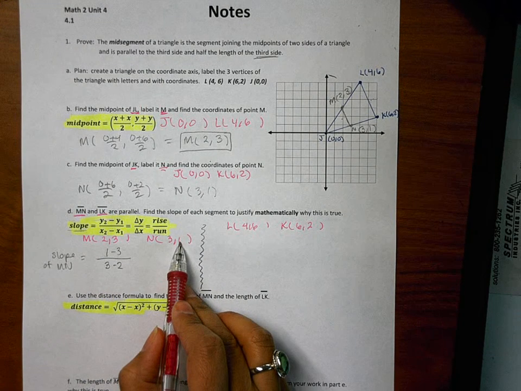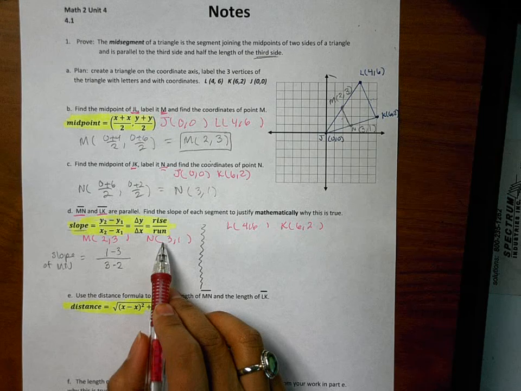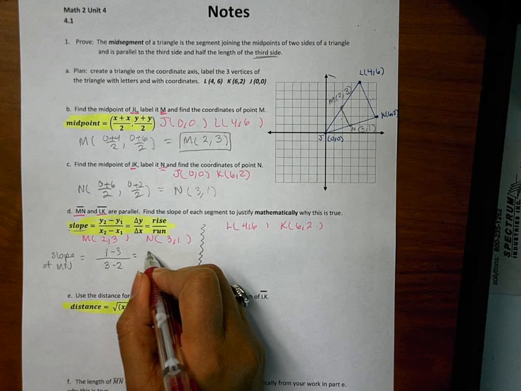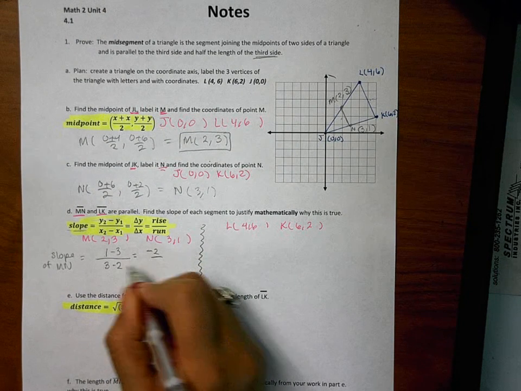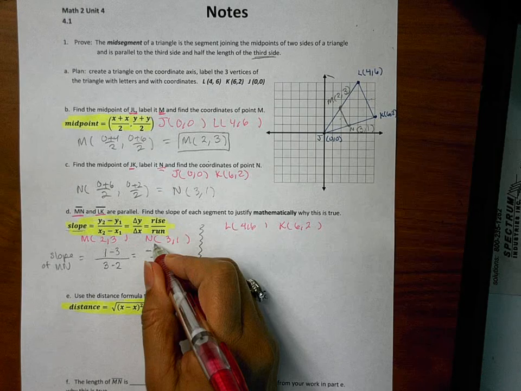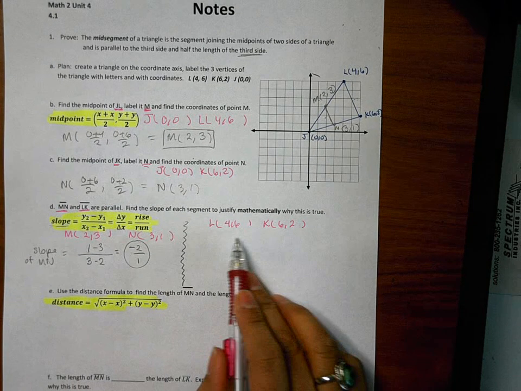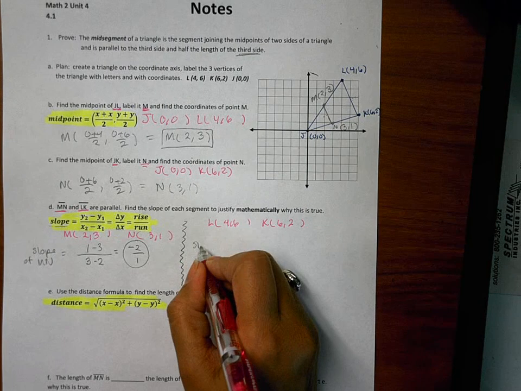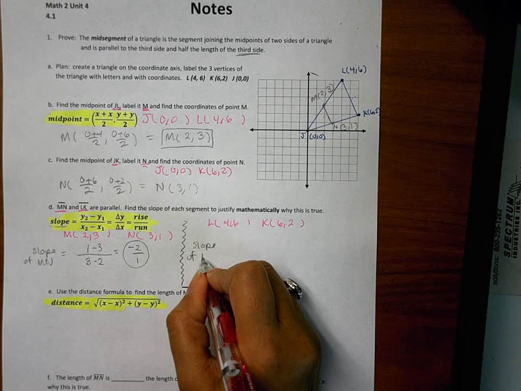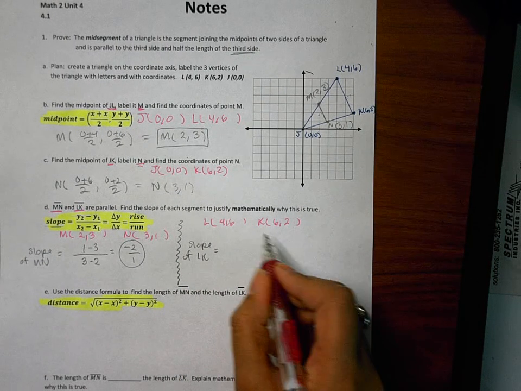As long as you're consistent. So if you started on this side and did 3 minus 1, that's fine, but you would then have to do 2 minus 3, as long as you're consistent. That 1 minus 3 is negative 2, 3 minus 2 is 1. My slope is negative 2 over 1. All right, slope of LK is what we're going to do on this side.